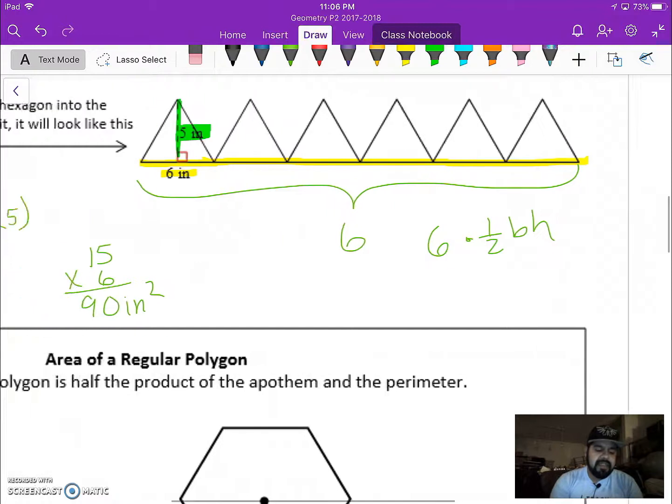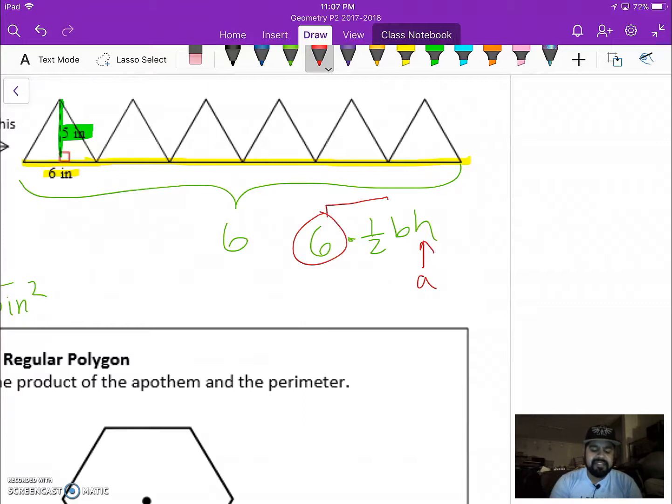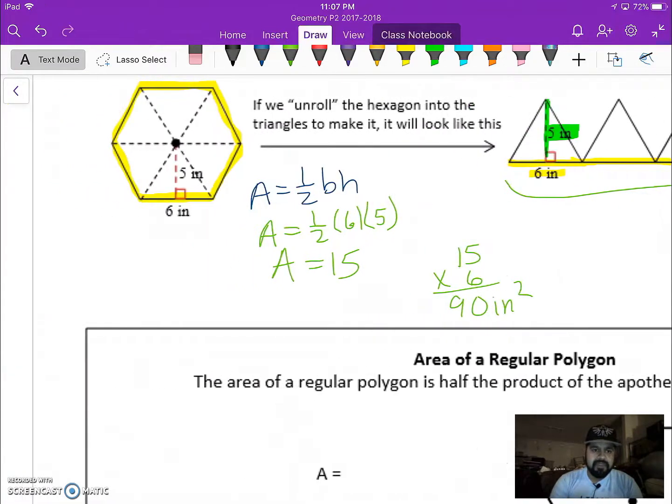Well, in the figure, the height represented the apothem. So I'm going to replace h with a. And 6 times my base length actually gives me the perimeter. The perimeter of my entire hexagon was found by the number of sides that I had times the length of one of those sides.